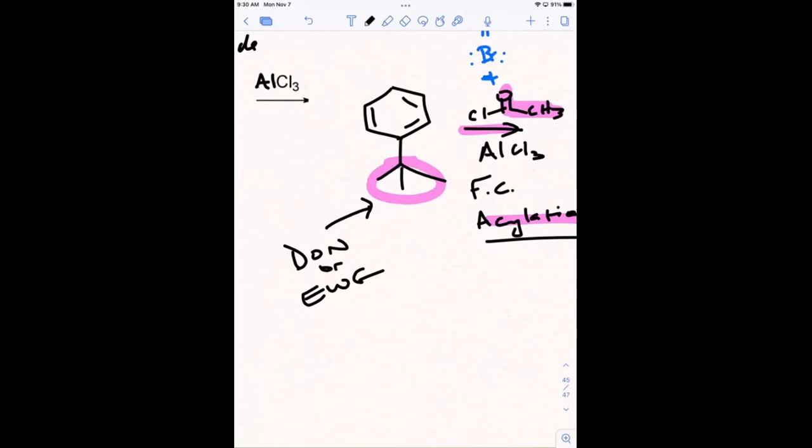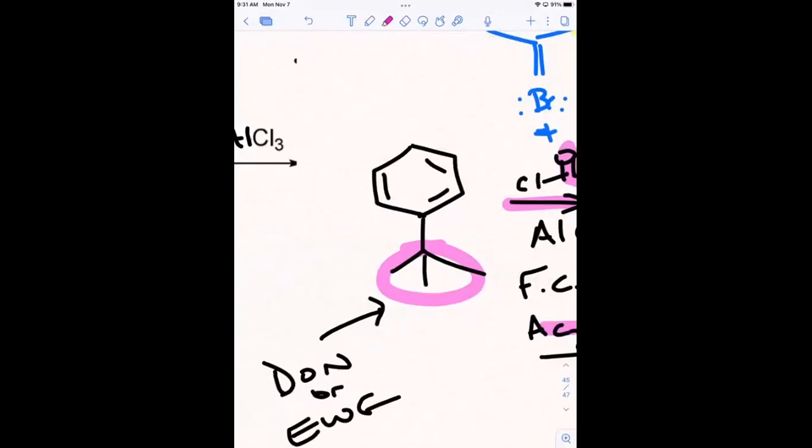Resonance is one way, but you can also move electrons through induction. The alkyl groups are very dense, right? So the electron density is concentrated in those carbon bonds. And the carbon on the ring right here is sp2, so it's a little more electronegative.